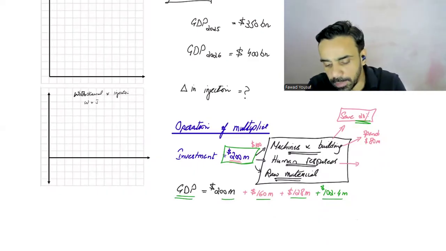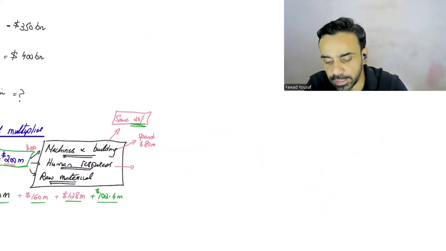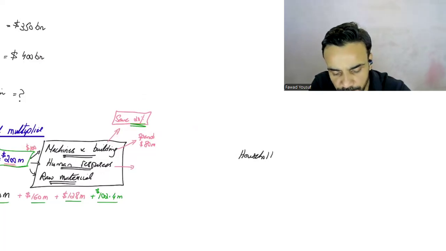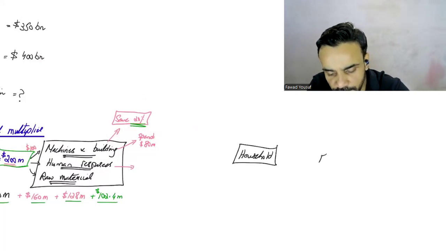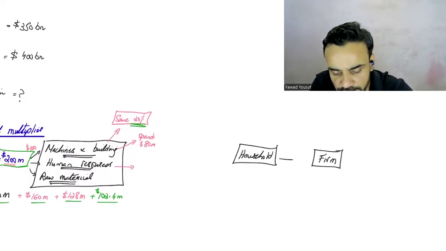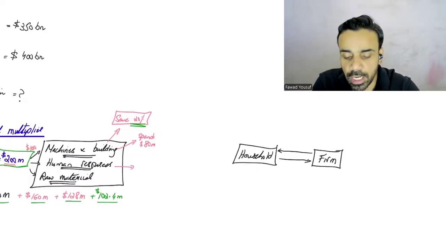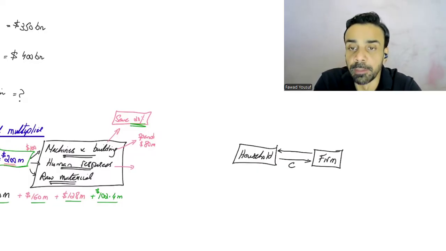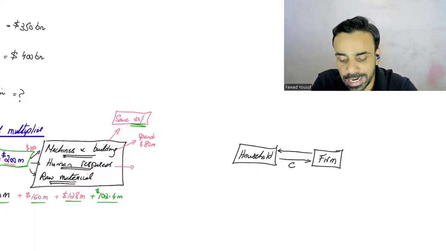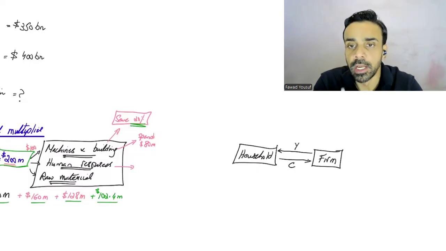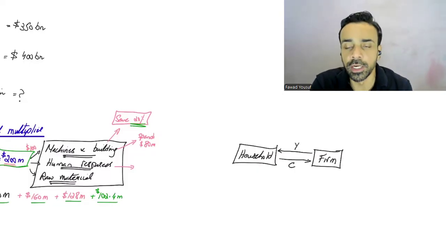Remember, जब हम अपना circular flow of income बनाते थे, we used to say that there is household and there are firms. Household provides factors of production to the firms and firms provide goods to the household. Household makes the payment as consumption and firms pay for the factors of production, which is income, right? और इकोनॉमी के अंदर पैसा would circulate.